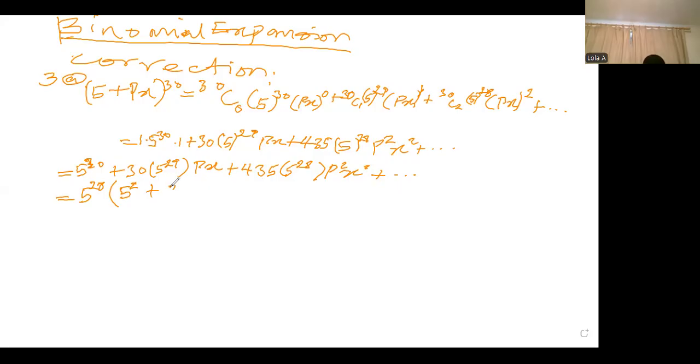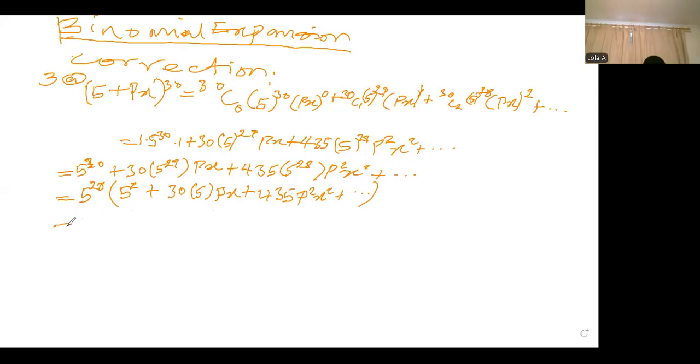So I'm going to have here 30 into 5 px, plus 5 raised to power 28 goes here, you have 1, so you have 435 p squared s squared plus and so on. Then you close the bracket. So I will now simplify this. 5 times 30 and so on like that. Then 5 raised to power 2 is going to give us 25.